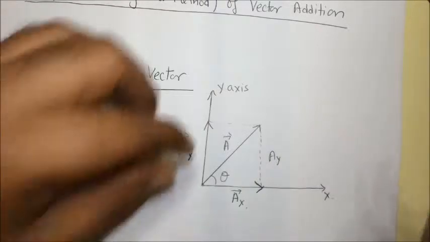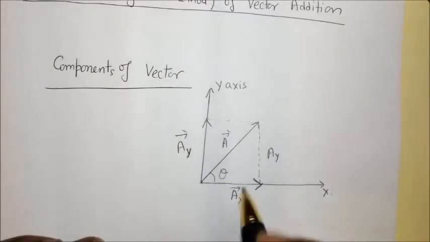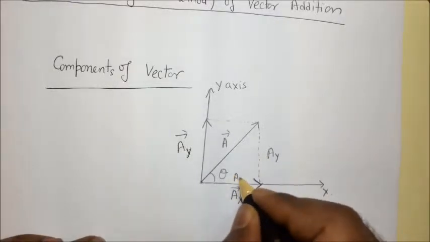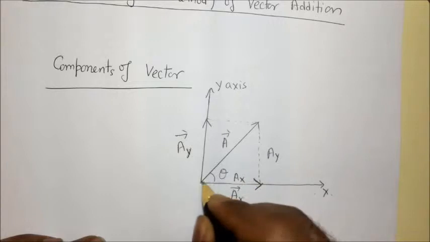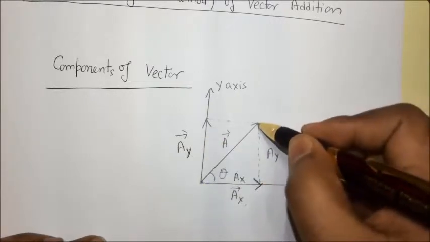This magnitude is Ay, and this magnitude is Ax. From here to here the magnitude is Ax, and from here to here the magnitude is Ay.